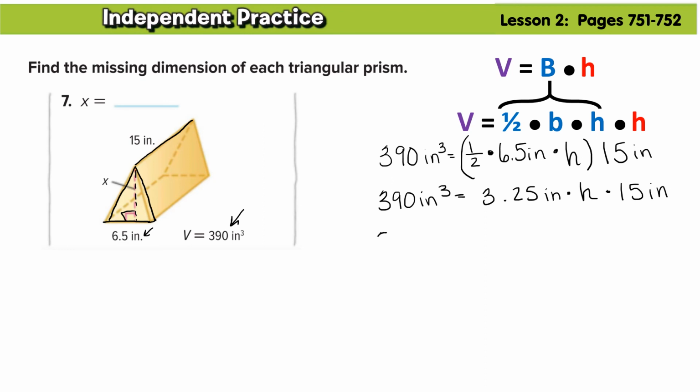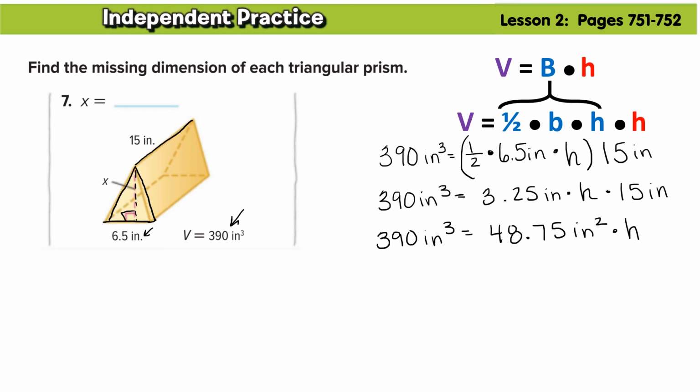So 390 inches cubed equals, I'm going to multiply 3.25 times 15, and I get 48.75 inches squared times the height.